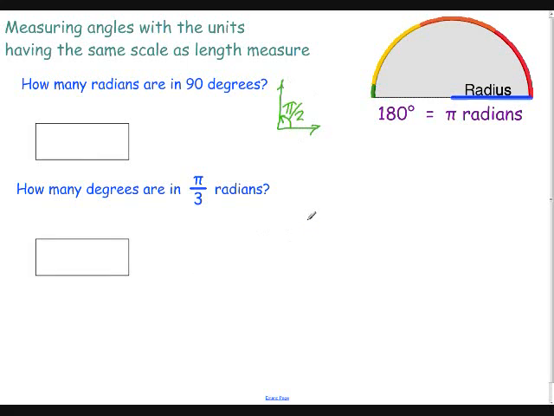How many degrees are in a third of pi? A third of pi radians. 1/3 pi radians. So that looks something like this. Pi over 3.